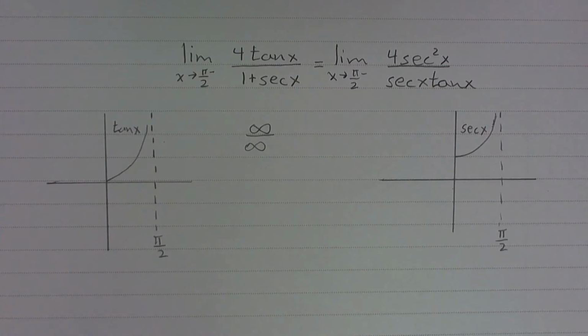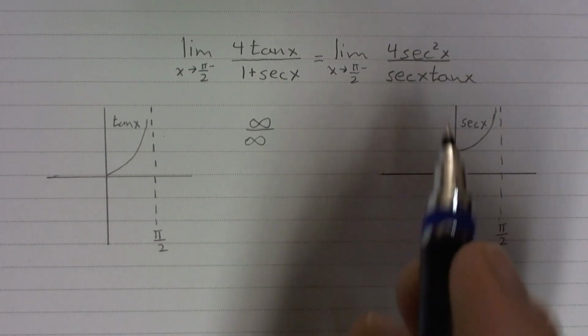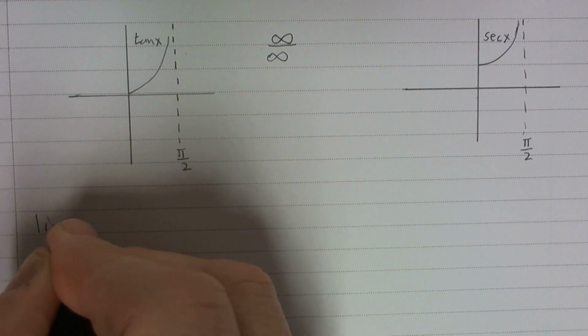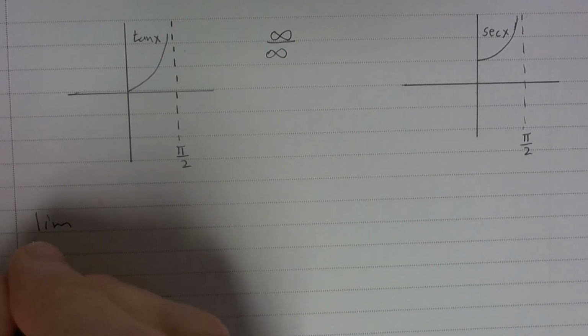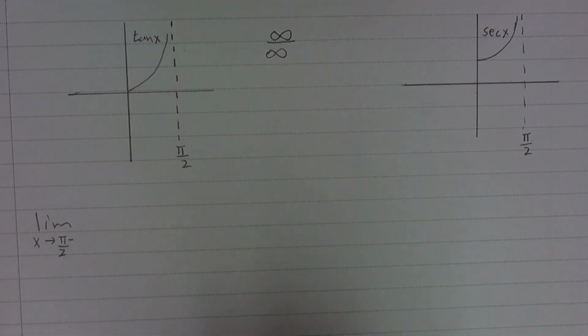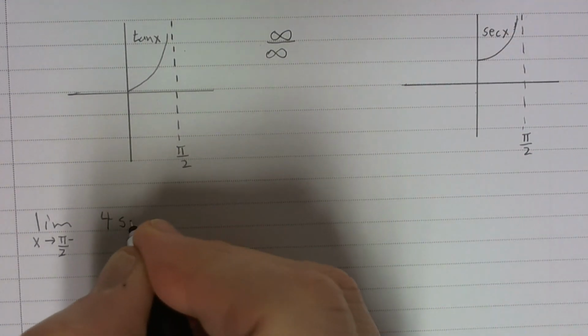Now let's see what we can do. First thing you notice is that we can simplify this. Let me move down here and give myself a little more room. I've got the limit as x goes to pi over 2 from the left. And notice that one of those secants will divide out.